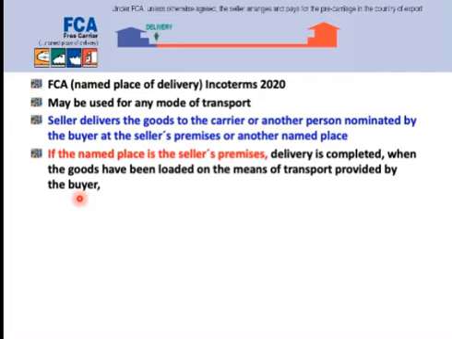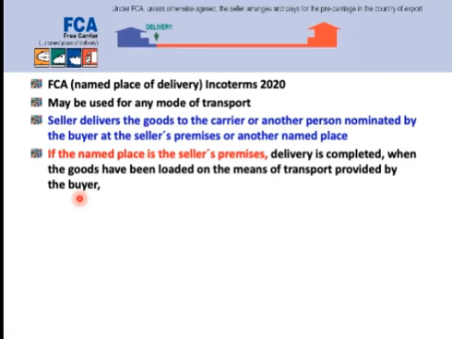So if the delivery point is the seller premises, the seller has to load the goods onto the means of transport, onto the collecting vehicle.